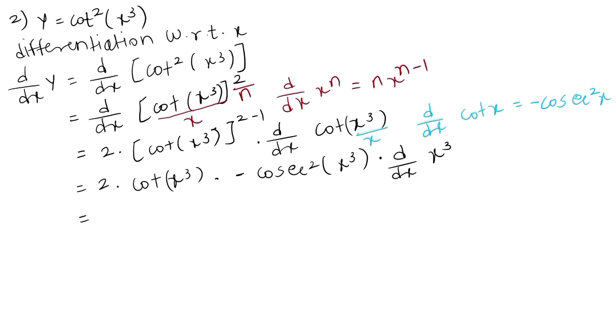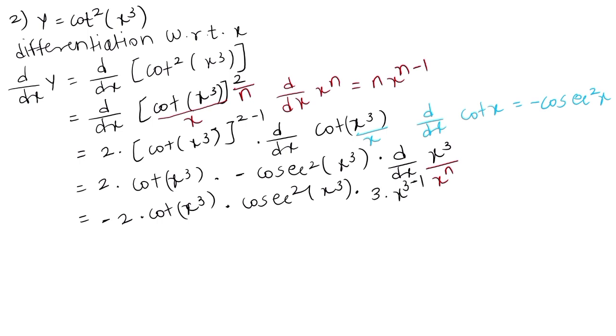We can put negative sign at the start, so minus 2 into cot x cube into cosec square x cube. Now differentiation of x cube, we can take it with the help of x raised to n formula. Here n is 3, so its differentiation will be 3 into x raised to 3 minus 1.